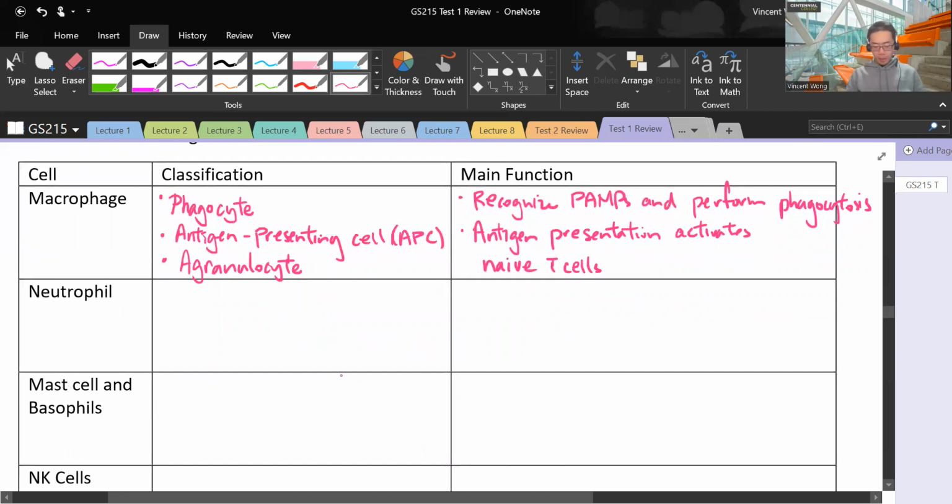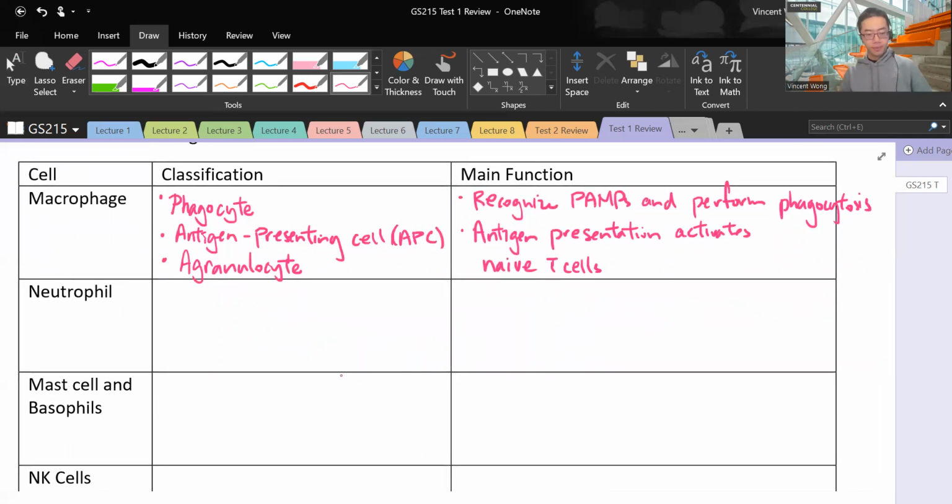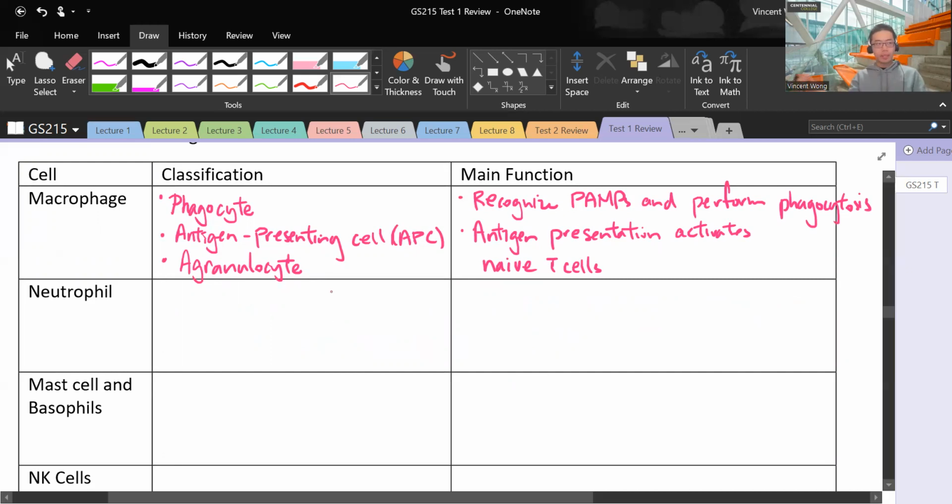So we talk about HIV, the virus that causes AIDS. They infect these macrophages and kill them. Once you lose these macrophages, you lose your entire branch of adaptive immunity because there's no way of triggering them.